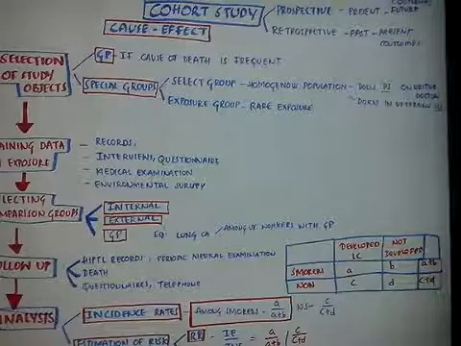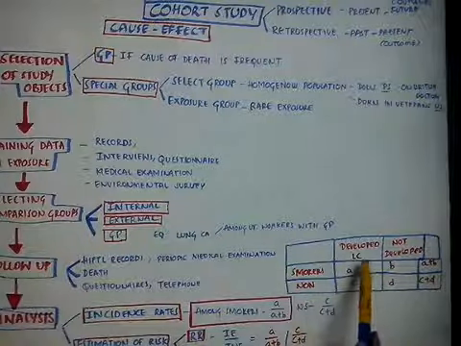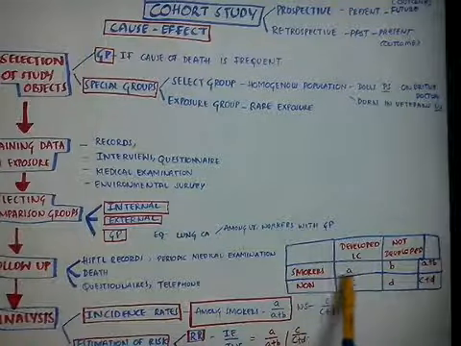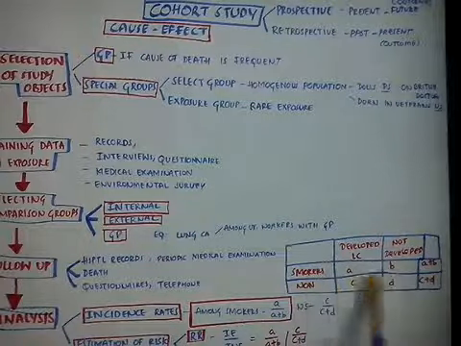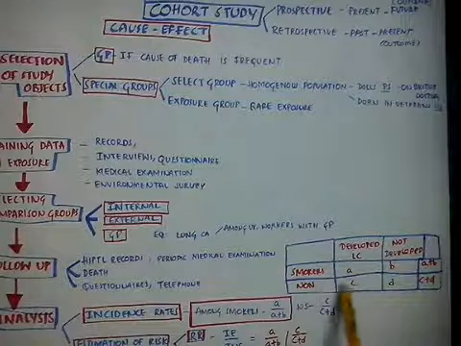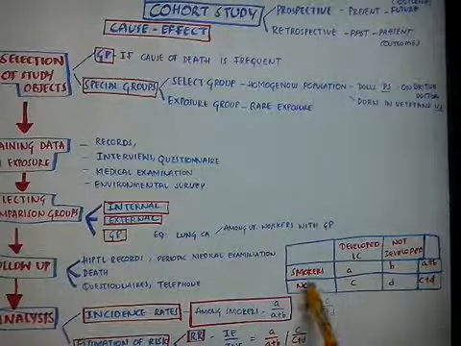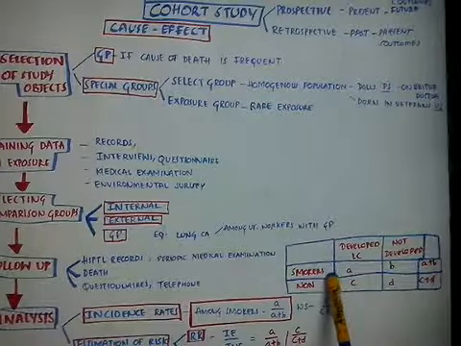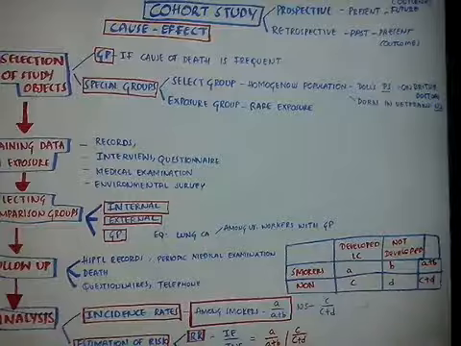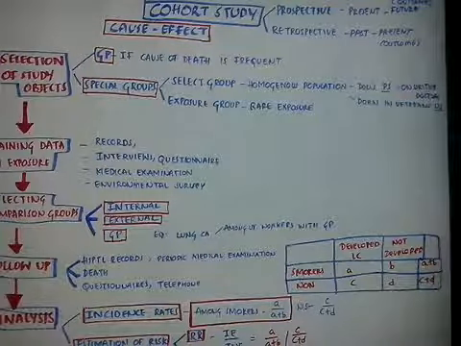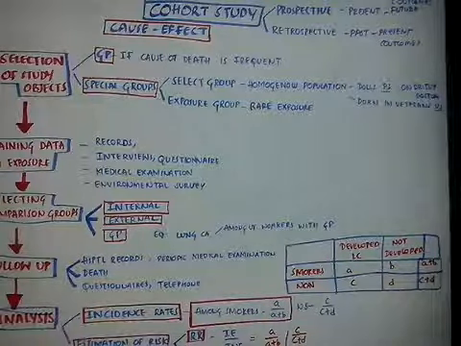In incidence rates, among smokers and non-smokers, those who develop lung cancer among smokers are A, and those who do not develop lung cancer are B, and those who develop lung cancer among non-smokers are C, and those who do not develop lung cancer among non-smokers are D. Total number of smokers is A plus B and total number of non-smokers is C plus D. Incidence is number of new cases by population at risk.